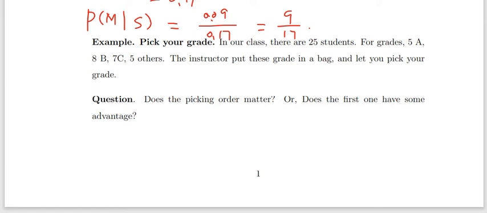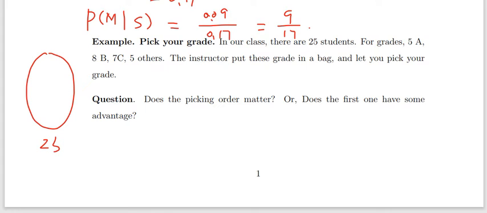Now let's consider this example. In our class we have 25 students, so we have 25 grades. Now suppose our grading policy is just to let you pick your grade.